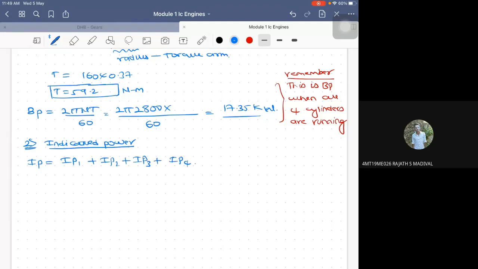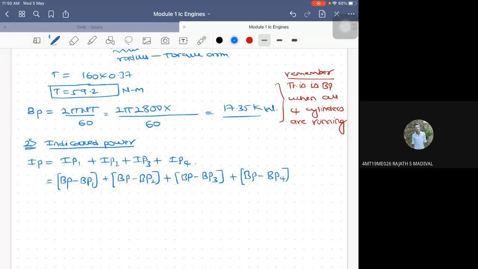Now, what are IP1, IP2, IP3, IP4? Indicated power at each cylinder. Exactly. So how will you calculate? For IP1 it is BP minus BP1. For IP2 it is BP minus BP2. For IP3 it is BP minus BP3. For IP4 it is BP minus BP4.